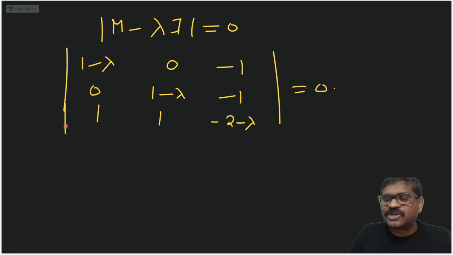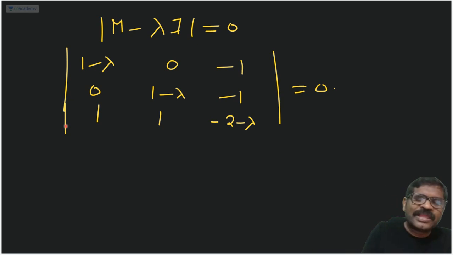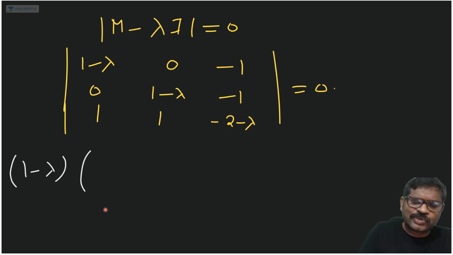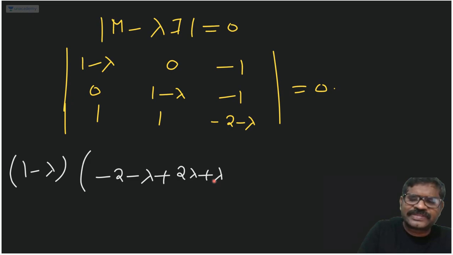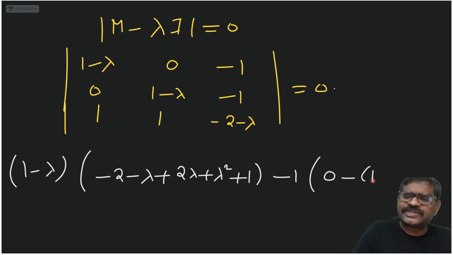To analyze the remaining two statements, I would like to expand. Okay. Now, 1 minus lambda of minus 2 minus lambda plus 2 lambda plus lambda square plus 1, minus 1 of 0 minus 1 minus lambda equal to 0.